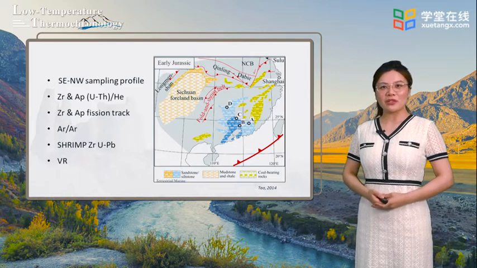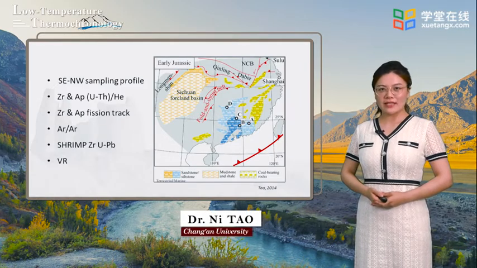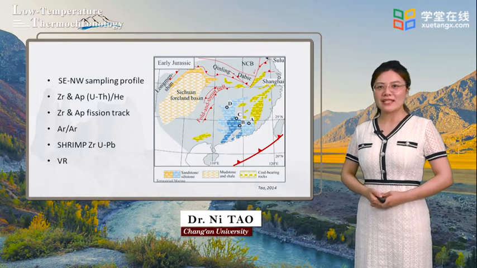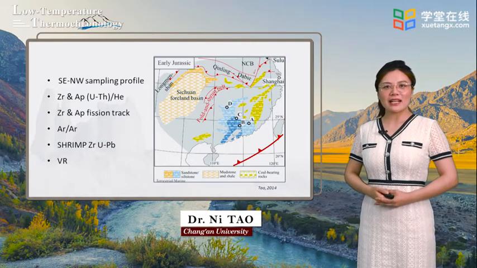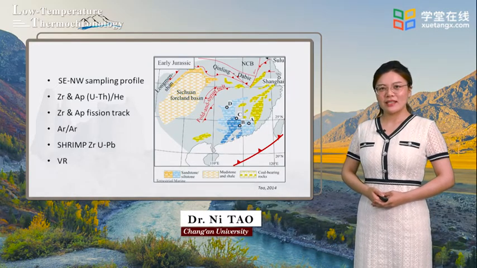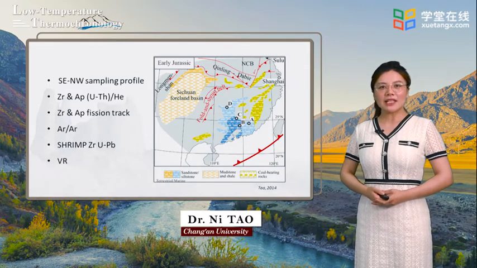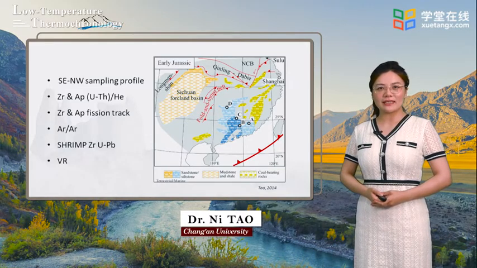Inspired by the proposed model and in order to test it, a southeast-northwest sampling profile was designed and samples were collected along this profile. The collected samples are lower Mesozoic sandstones and Paleozoic to Mesozoic granites.